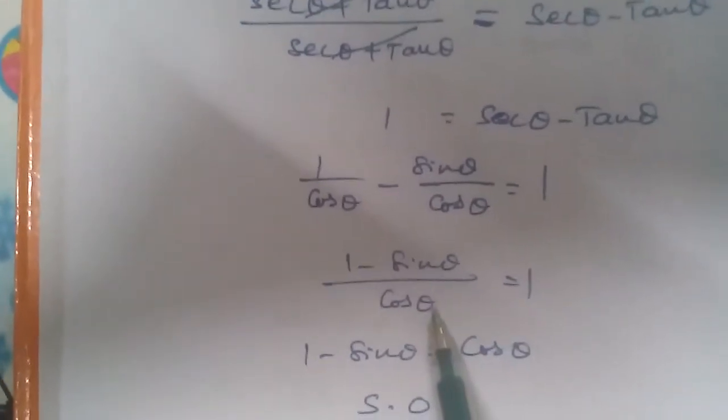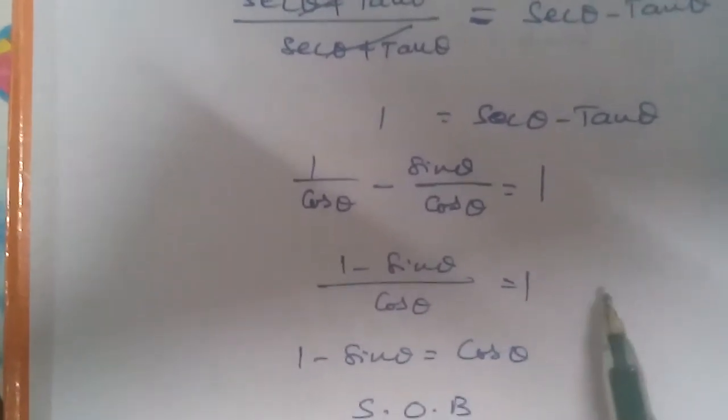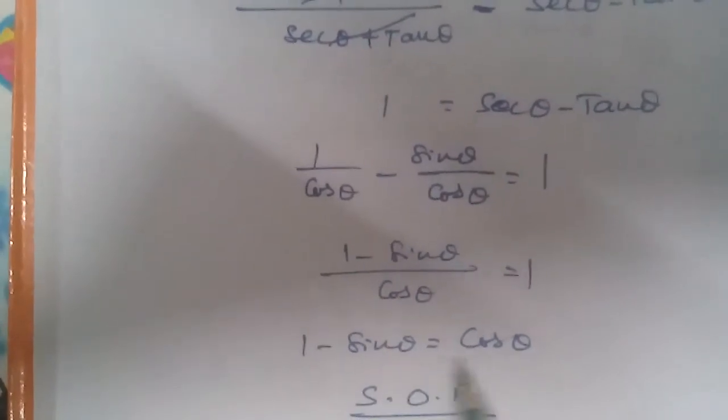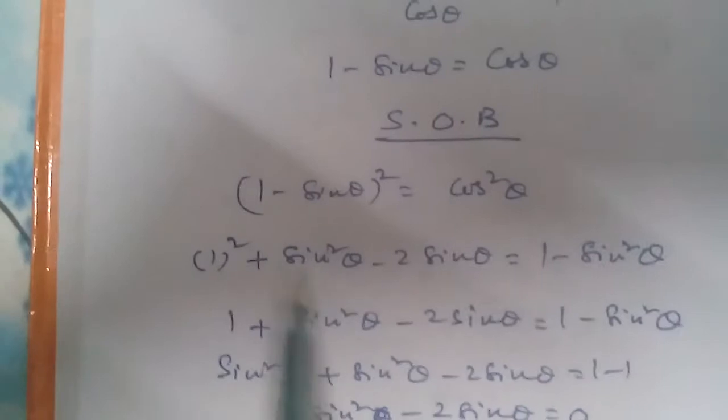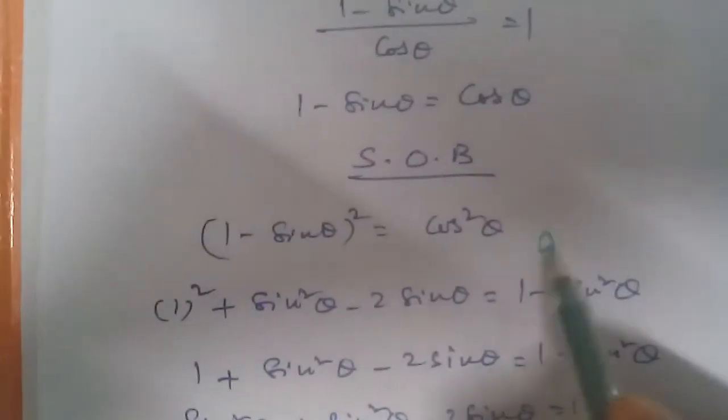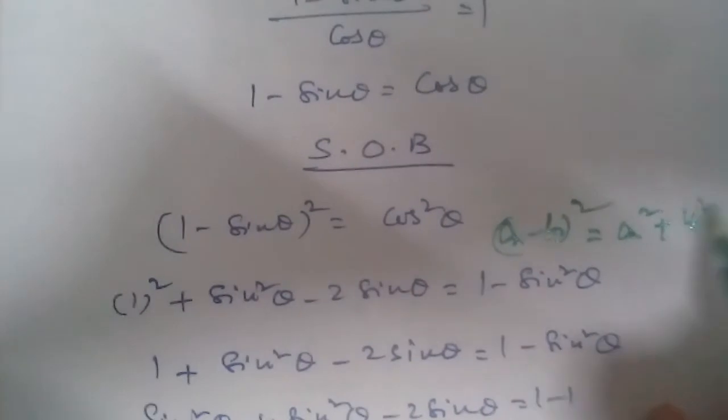Now sending cos theta to RHS. So 1 minus sin theta is equal to cos theta. Now squaring on both sides. 1 minus sin theta whole square is equal to cos square theta. So it is in the form of a minus b whole square, a square plus b square minus 2ab.